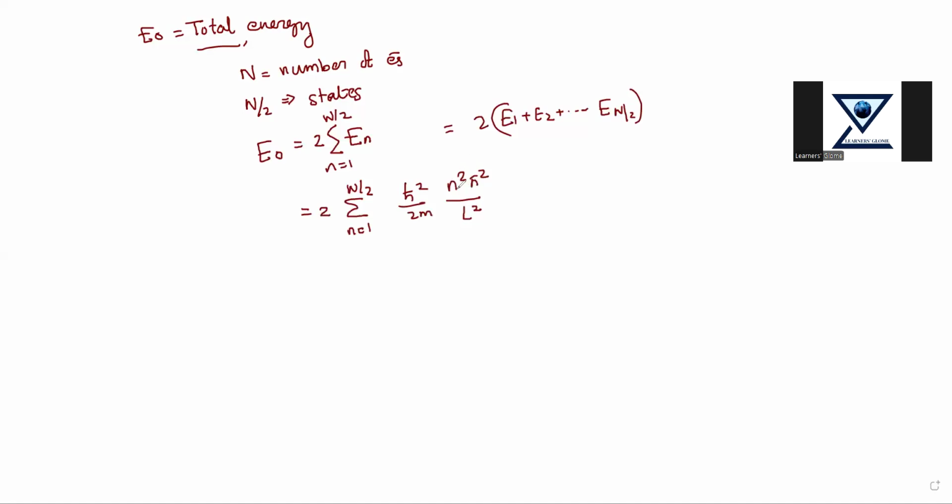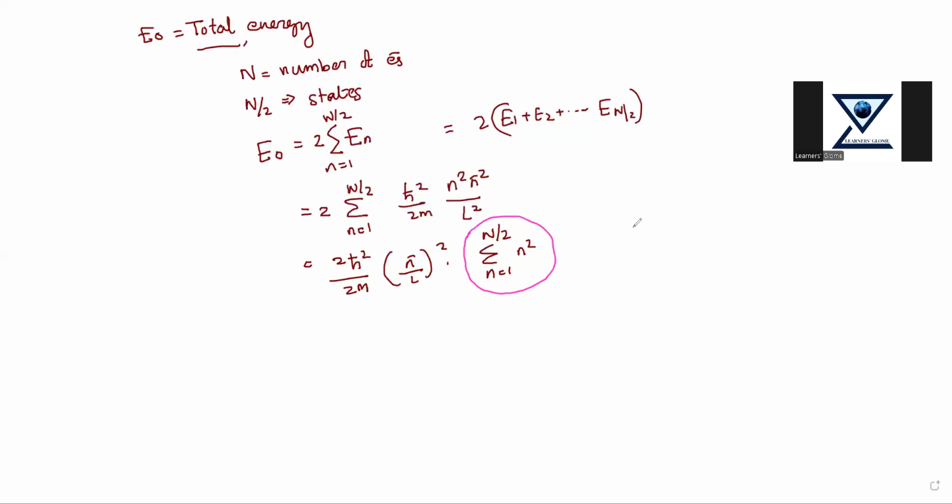Here the varying quantity is n, all others are constants. So it is 2 h bar square by 2m into (pi by L) all square into summation over n equal to 1 to N by 2 of n square. Now we want to calculate this summation and substitute in this equation.